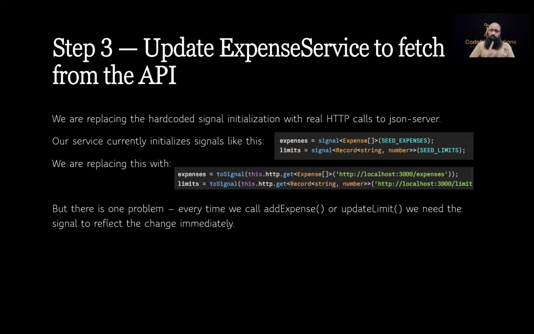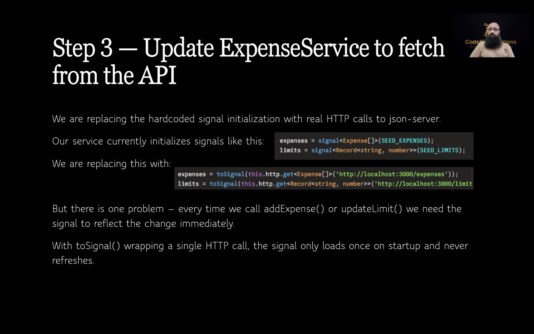But one problem we might face is that every time we add or update, we need this signal updated, because once we add an expense or update a limit, the actual data changes and we need the signal to reflect the change immediately. But what actually happens when we use this toSignal wrapping? It is a single HTTP call, so it loads only once on startup and never refreshes.